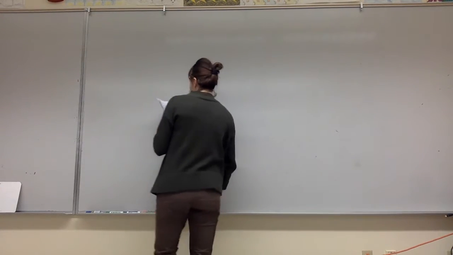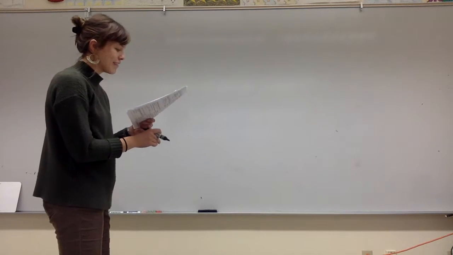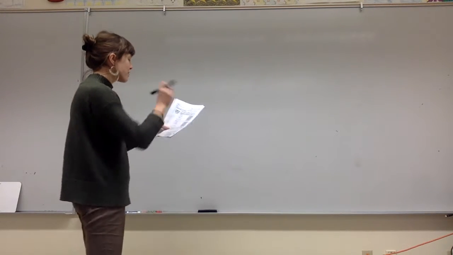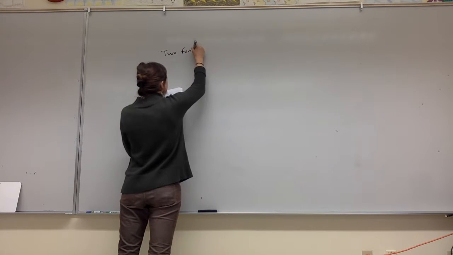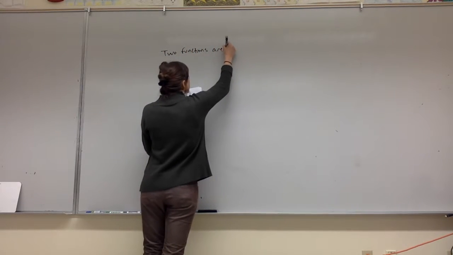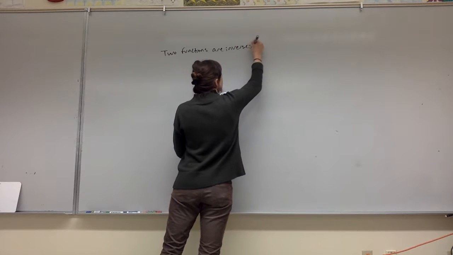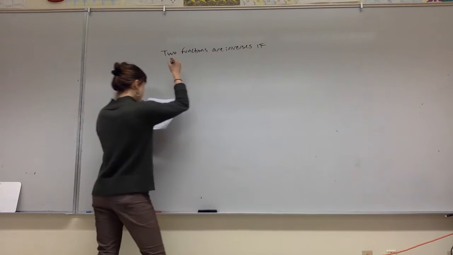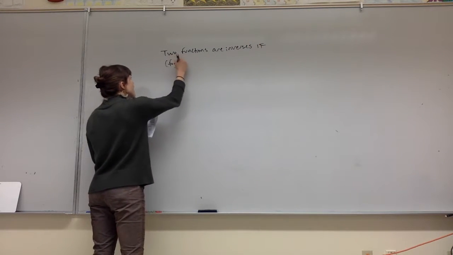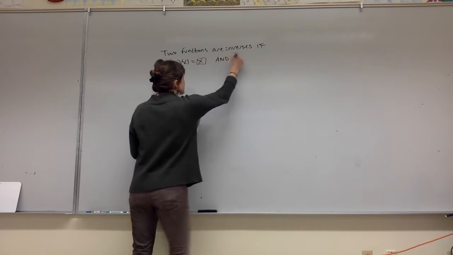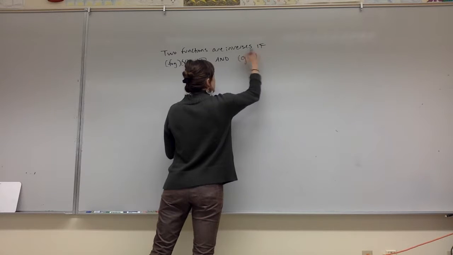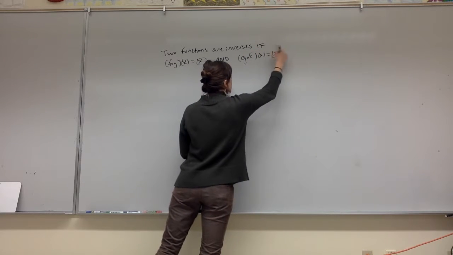So in this bottom left box, it says verifying inverses algebraically. The definition on the lines there will say two functions are inverses if f of g of x equals x and g of f of x equals x.